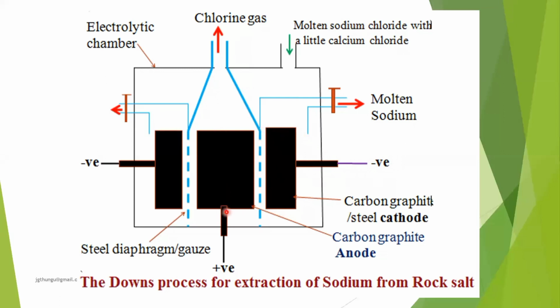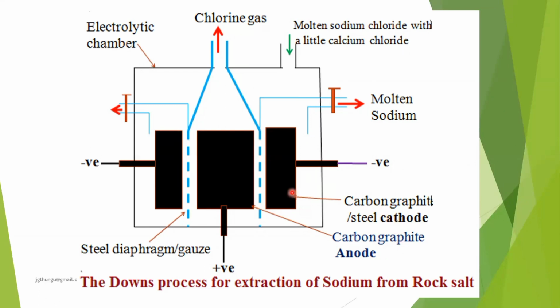Then at the center, we have our anode, which is a positive electrode. Note what it is made up of. We have said the anode is made up of graphite.